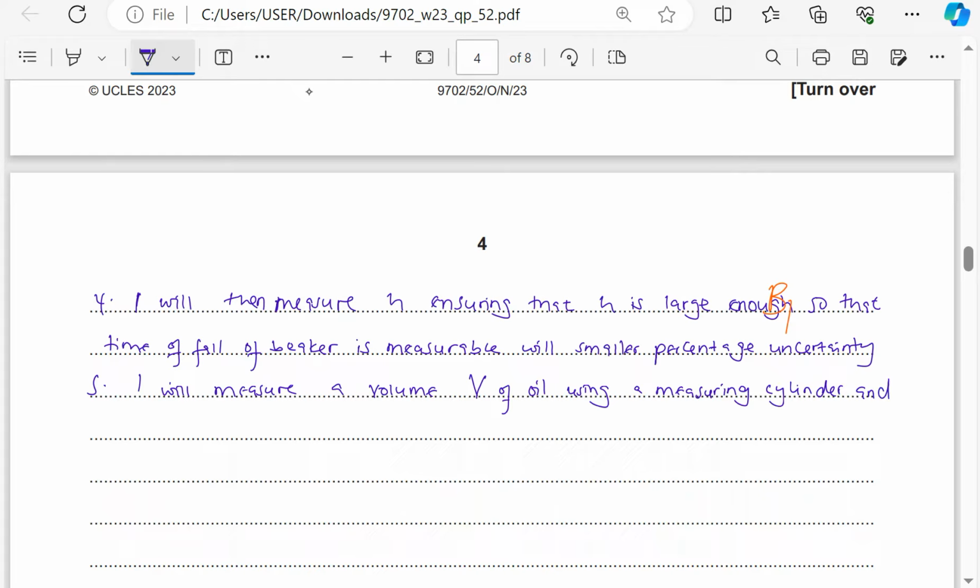and then transfer it into one of the beakers.